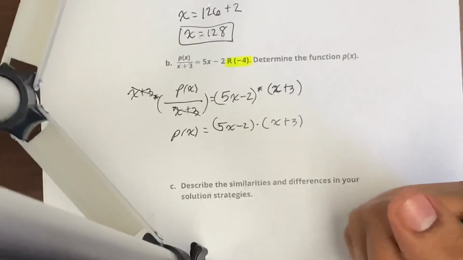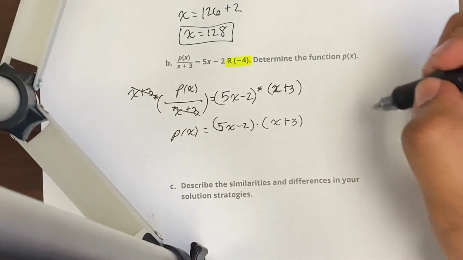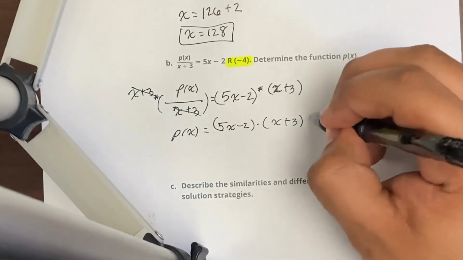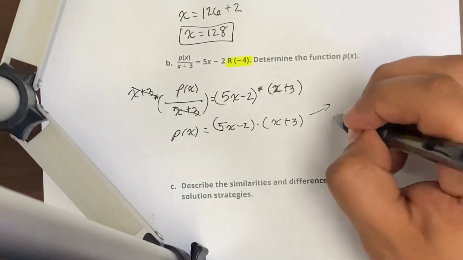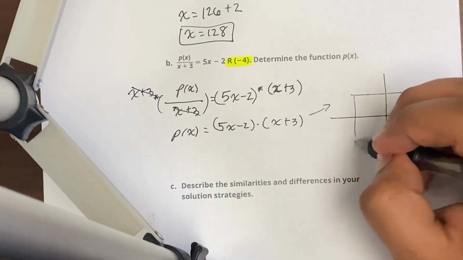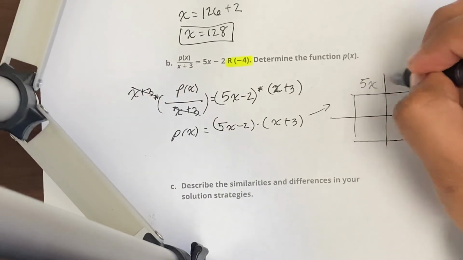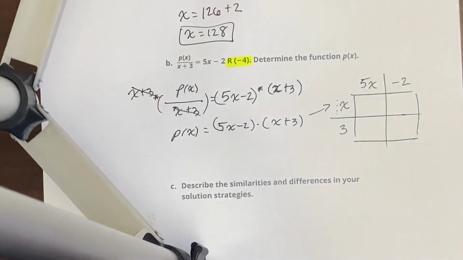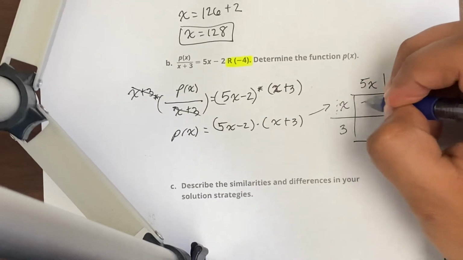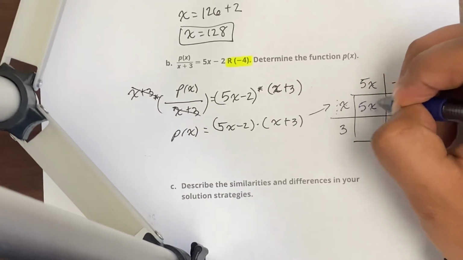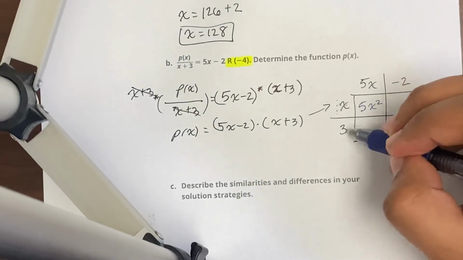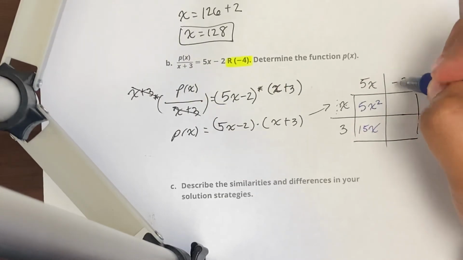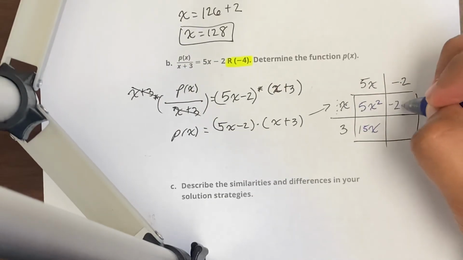And guess what we have to do? Box method. And I haven't forgot about the remainder. So, box method. Five x negative 2, x and 3, imaginary 1. 5 times 1 is 5, x times x is x squared. 5 times 3 is 15, keeping an x. 1 times negative 2 is negative 2, keeping an x.